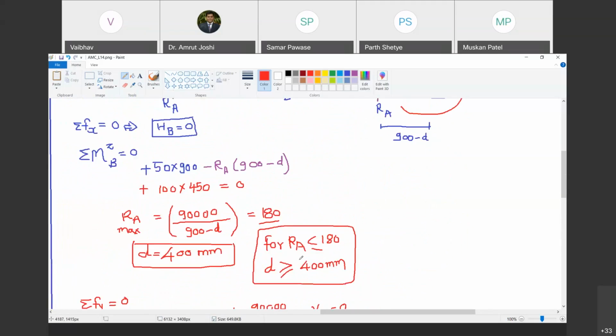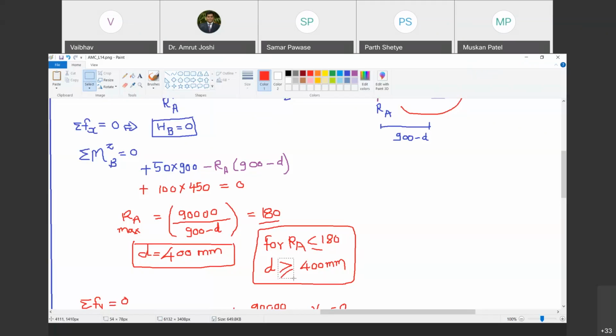If we take 500, then I will get 225, which is greater than 180. Yes, that's what I thought. We made a mistake. One minute. 90,000 divided by 900 minus alpha x. Calculate: x equal to 400 gives 180. Calculate: x equal to 450. I get it, it was probably reversed.